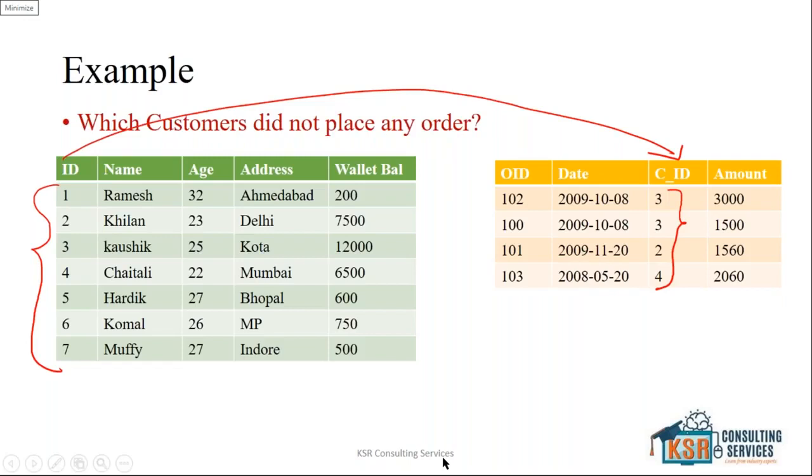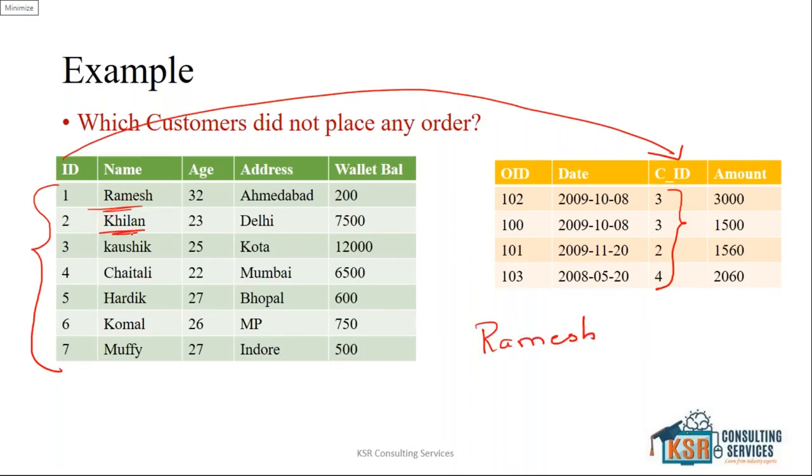So let's try to understand manually first. Is Ramesh present in the order table? No, not present. Ramesh has not purchased my product.